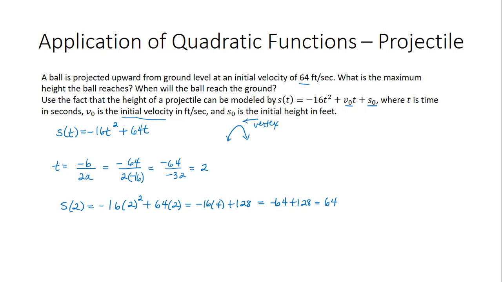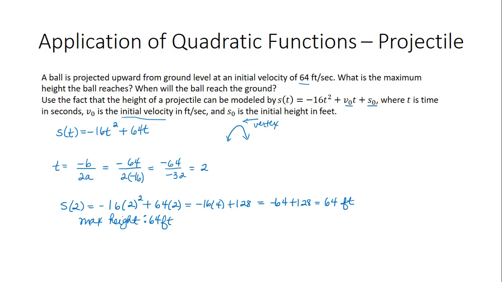S is the height of the ball in feet, and because this is the vertex, the maximum height that the ball reaches is 64 feet. It reaches it 2 seconds after it was projected up.